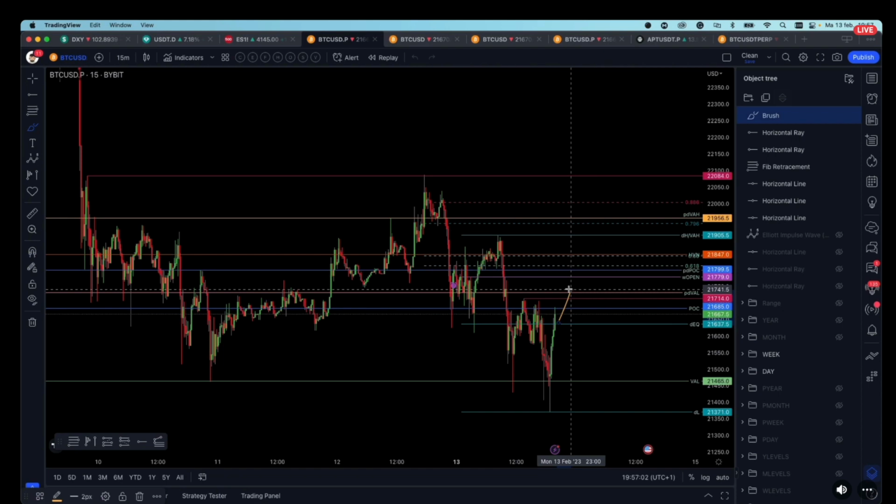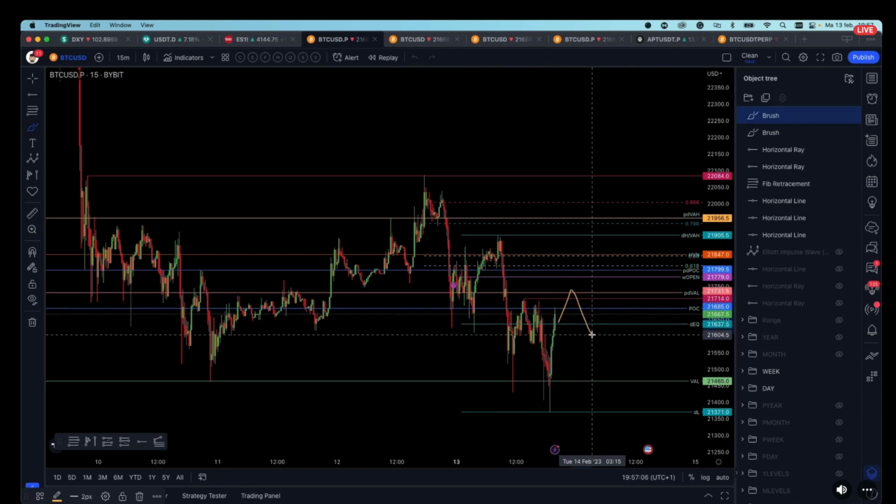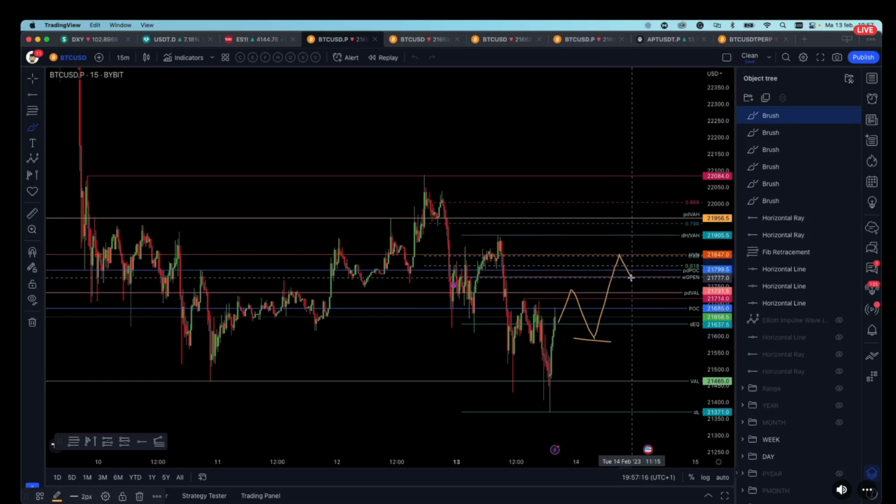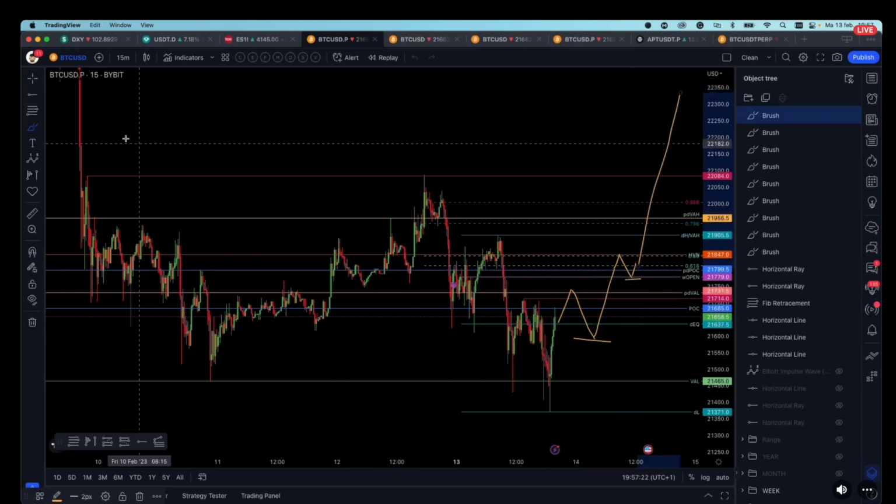From this, we have the previous day value area low, so I expect a turn back down to then make a higher low, make a higher high towards the previous day point of control, golden pocket, high volume node, bounce back, make a new higher low, and I will probably long this to look for higher.